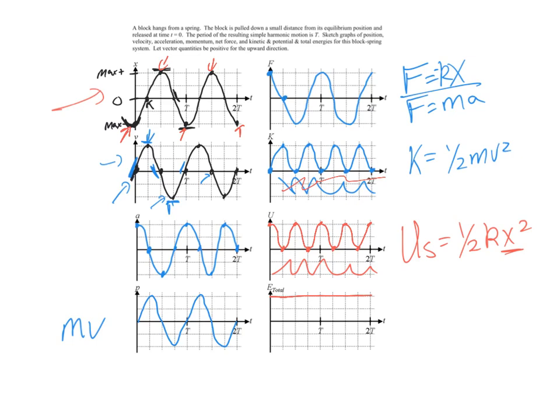All right, so let's ask a couple questions. Where is the velocity at its max point? The velocity is at its max point when x is equal to 0. Notice this right here. And let's see if that makes sense. As it's coming in, it's being accelerated, accelerated, accelerated.